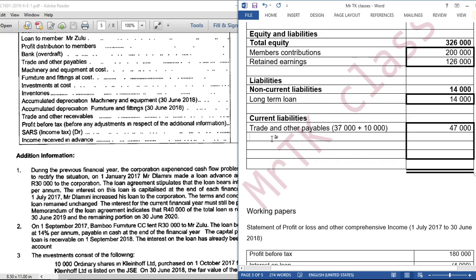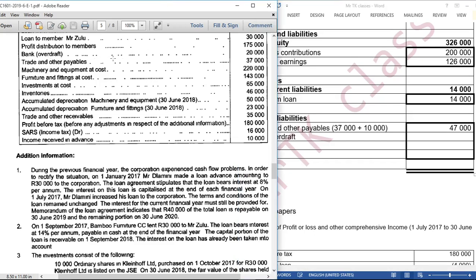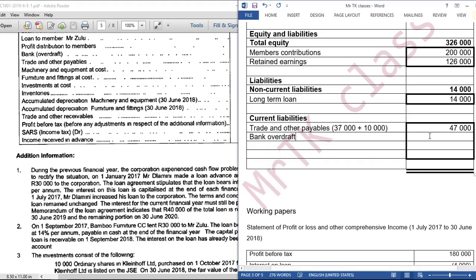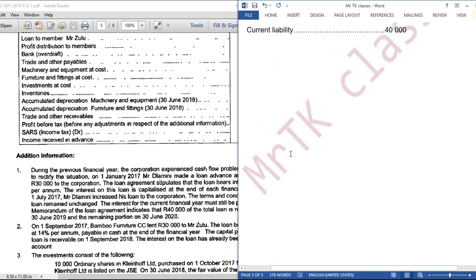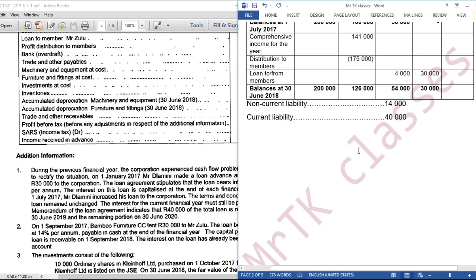Then I have seen a bank overdraft here. We are also going to write our bank overdraft, which is 20,000, right? Then remember we were saying we have something that is a current liability here, 40,000.